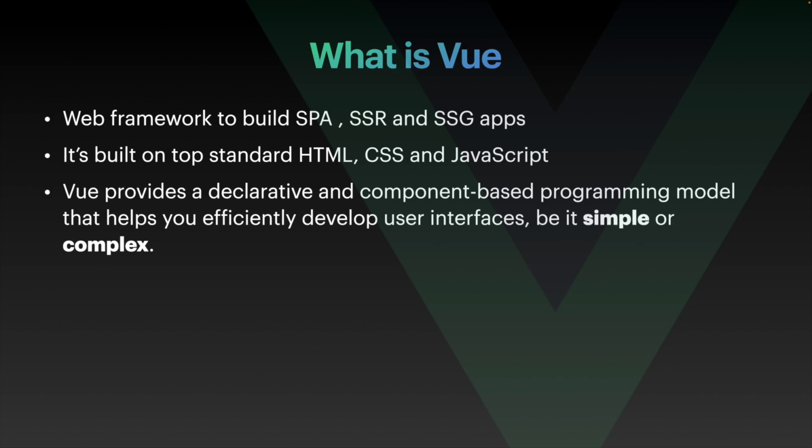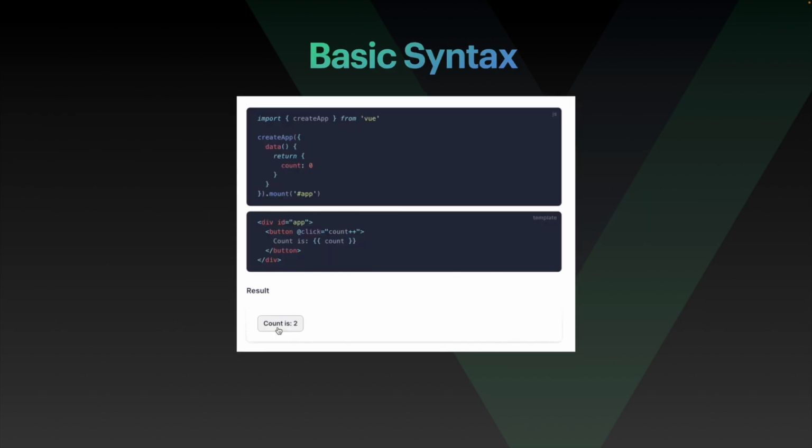It's just super popular. So this is how a Vue component would look like. This is the basic example. So we've got a JavaScript file, you import createApp, and then you have some data, and then you mount it and you pass an ID. And inside your HTML, you import this JavaScript file, and then you will be able to do what you can see over here.